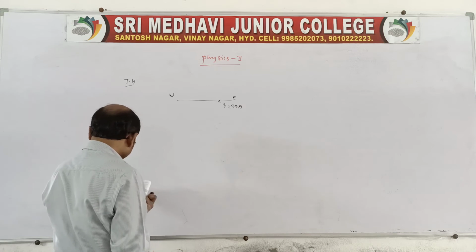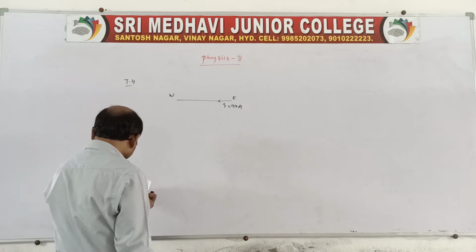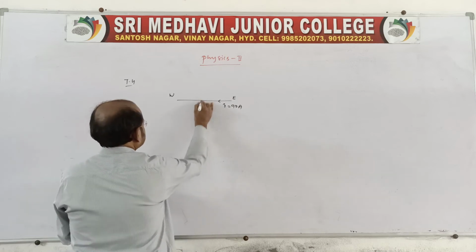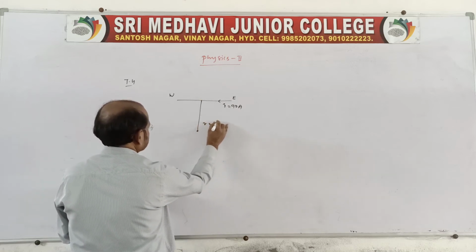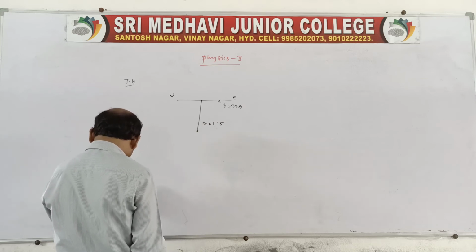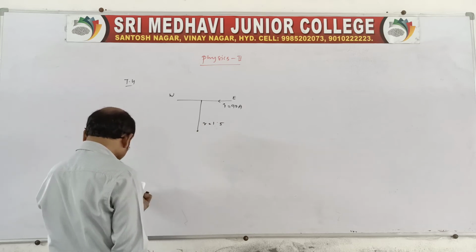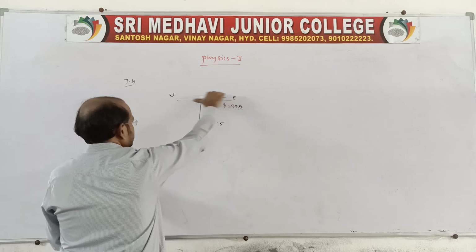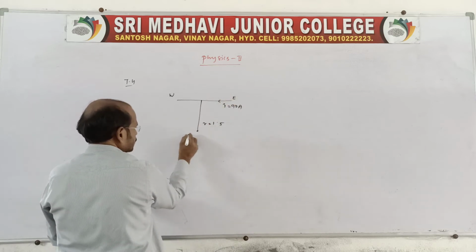What is the magnitude and direction of the magnetic field due to the current 1.5 meter below the line? So r is equal to 1.5. Here the field is towards the south, as the current is flowing from east to west.